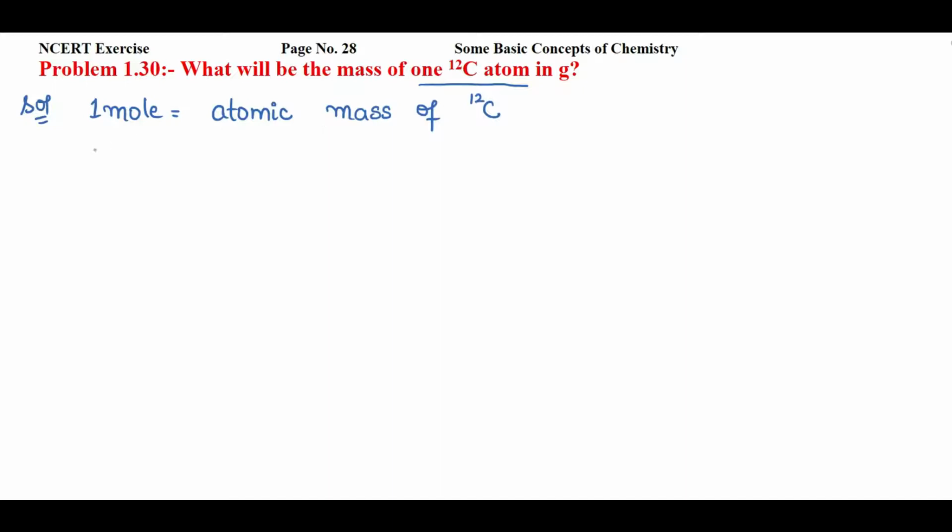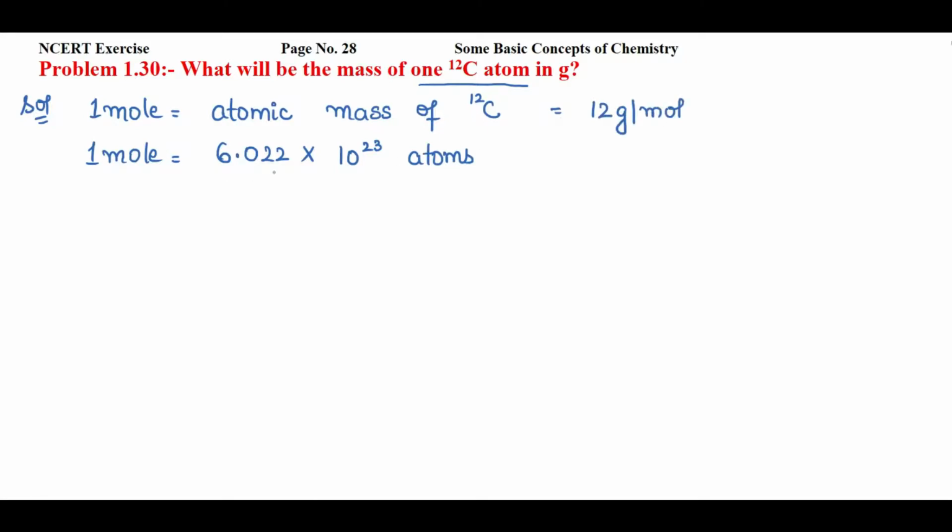Now 1 mole is also equal to the Avogadro number of atoms, so 6.022 into 10 raised to power 23 atoms. Why have I taken atomic mass versus atoms? Because atomic mass is expressed in terms of gram. So atomic mass of carbon is 12 gram per mole.